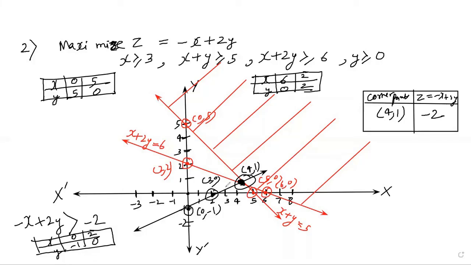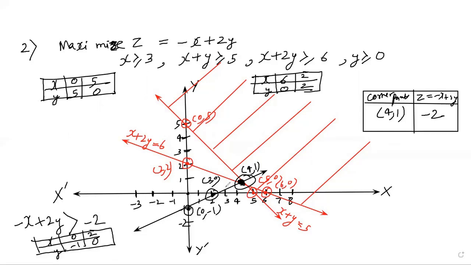I repeat, if the inequality that you are forming has any common point with the feasible region, then the given function has no optimal solution. But if that inequality doesn't have a common point with the region, then whatever value you have got is going to be the optimal solution. That is how we are going to check.